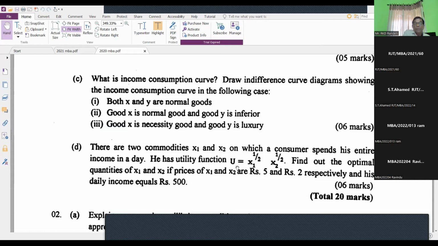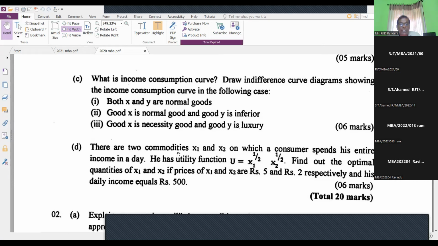Find out the optimal quantities of X1 and X2. Price of X1 is 5 rupees, price of X2 is 2 rupees, and the income is 500. You can download these past papers, they are already given.